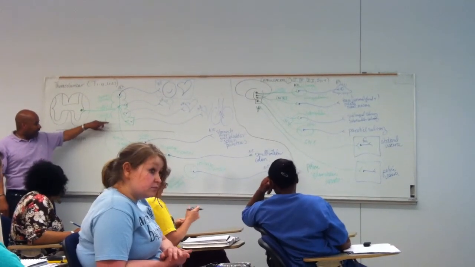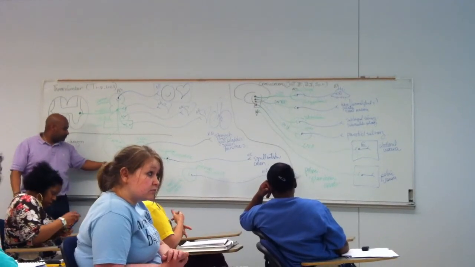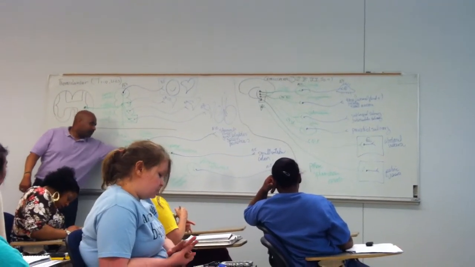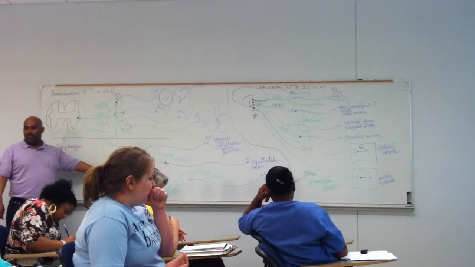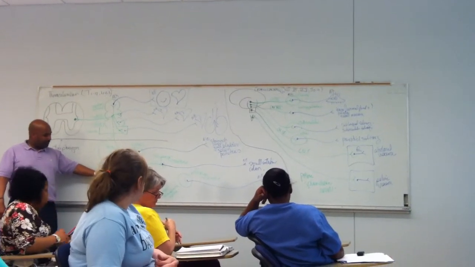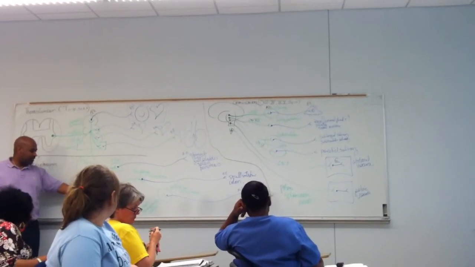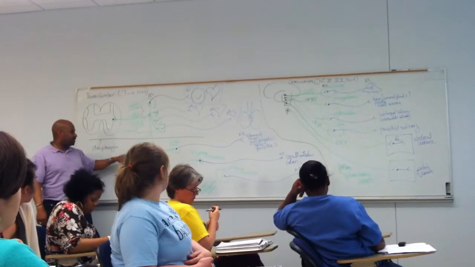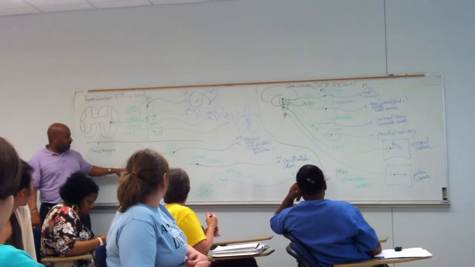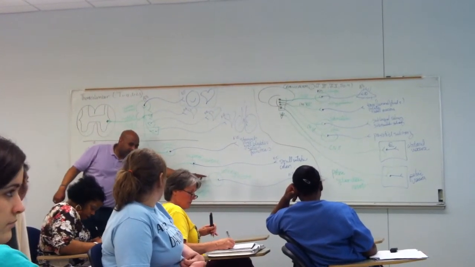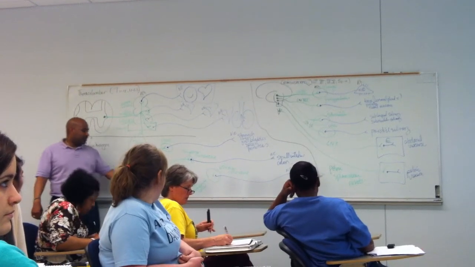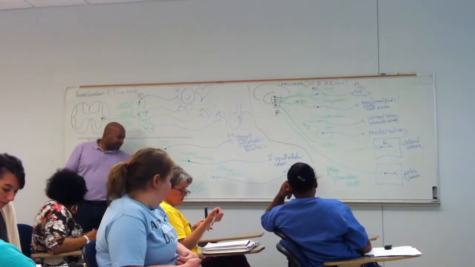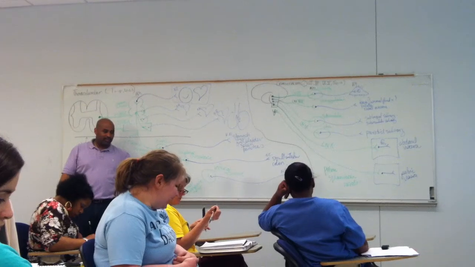If the preganglionic passes through the chain and goes to the superior mesenteric ganglion, the splanchnic nerve is called the lesser splanchnic nerve, and it's T10 through 11. Okay? If this preganglionic passes through and extends to the inferior mesenteric, it's going to be T12. It's called the least or lowest splanchnic nerve.